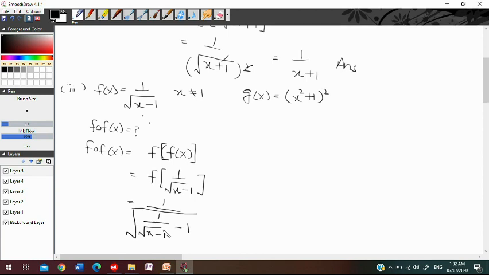Okay, and the rest of your calculations are very simple. 1 divided by, when you take an LCM over here, what do you get? Under root x minus 1 minus under root x minus 1, whole under root.